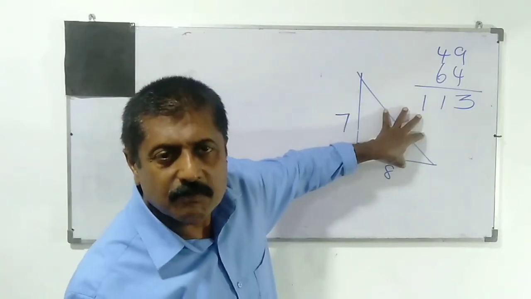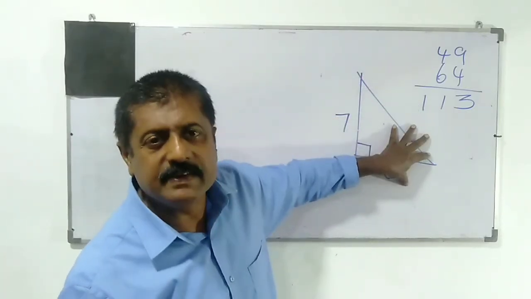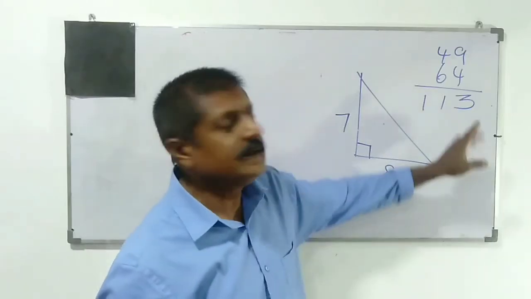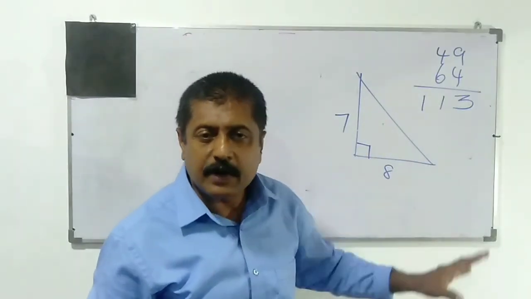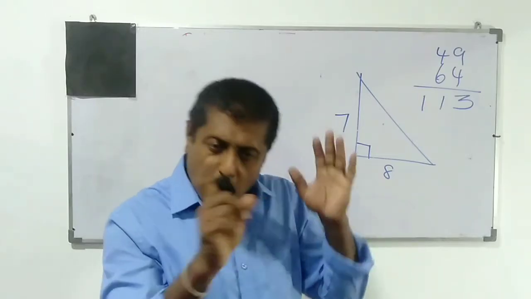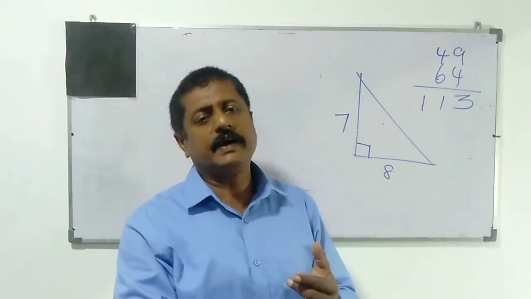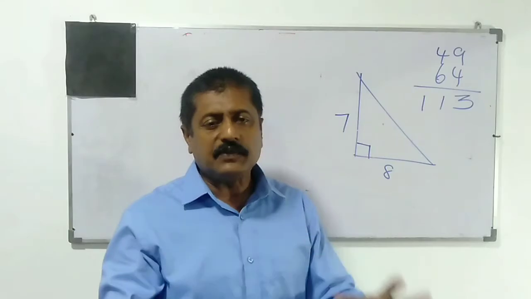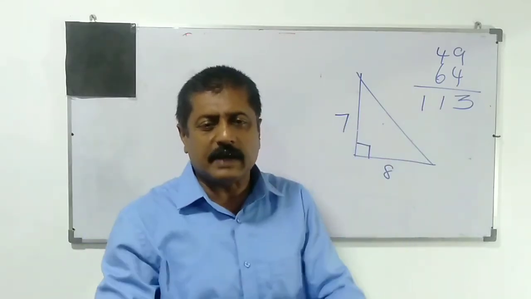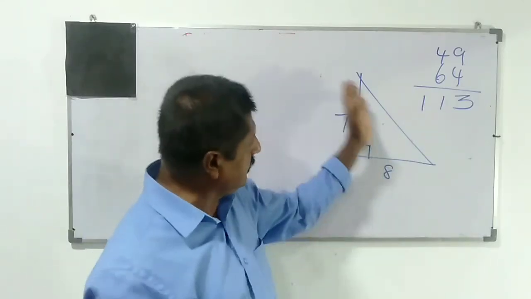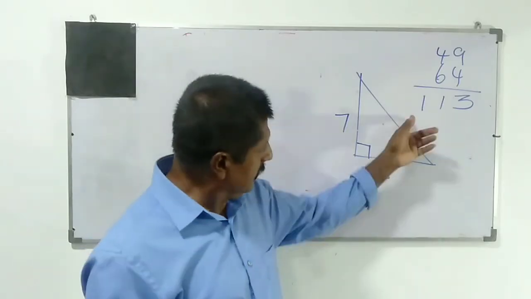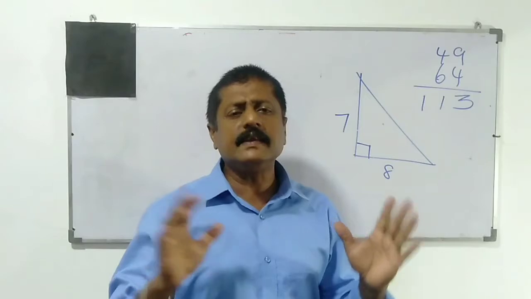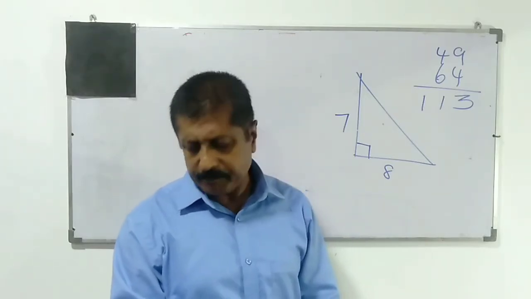Once you become familiar with this, thereafter you can learn how to find the square root by applying logarithms or by division. At once, don't put all these things together. At this moment, you are practicing the Pythagorean theorem. Therefore, use a calculator and get the square root. No matter.